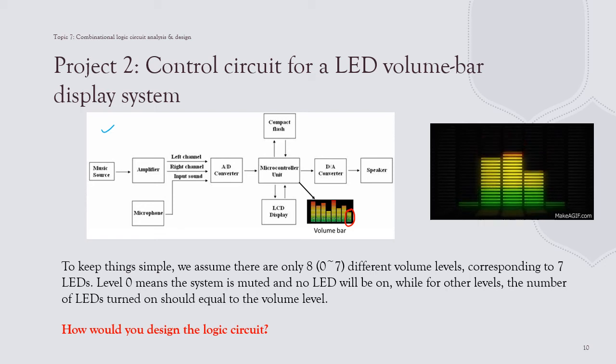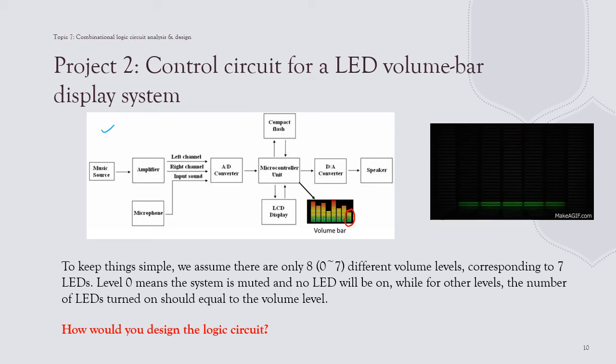Because for 0 value, we don't want anything on. Then the 7 LEDs can stand for 7 different non-zero volumes plus nothing on, so we have 8 levels. Okay, so that's why we only need 7.